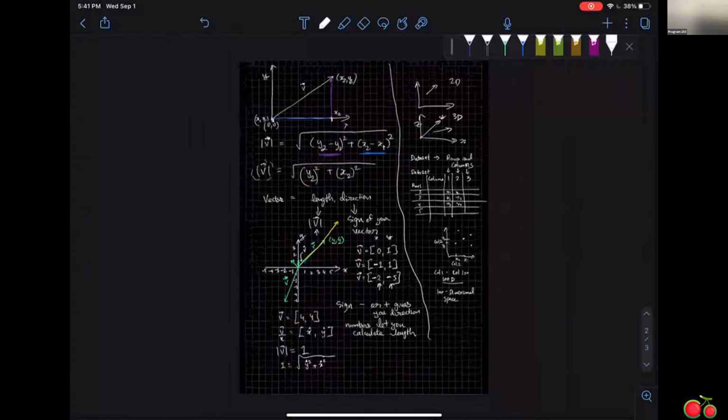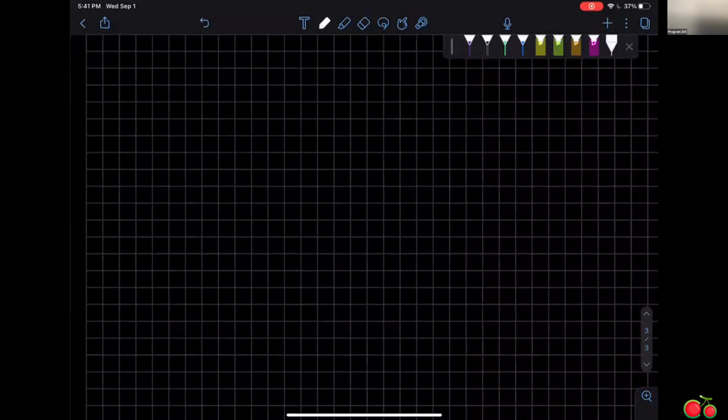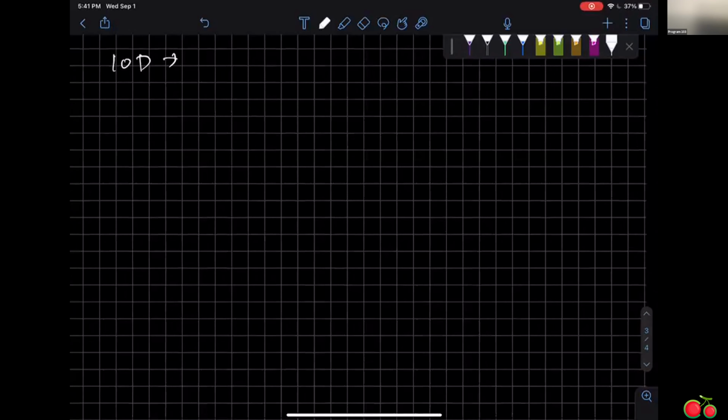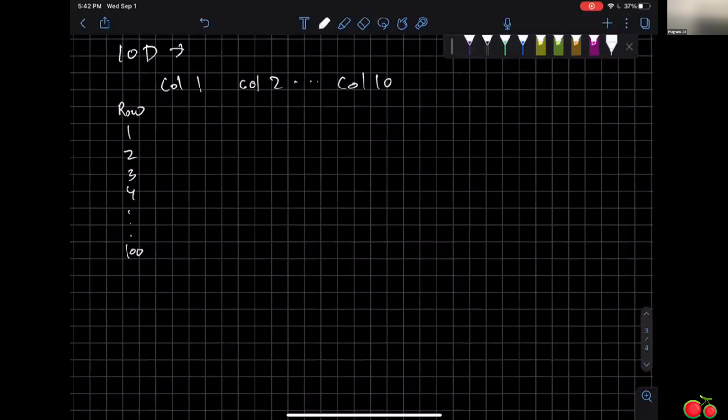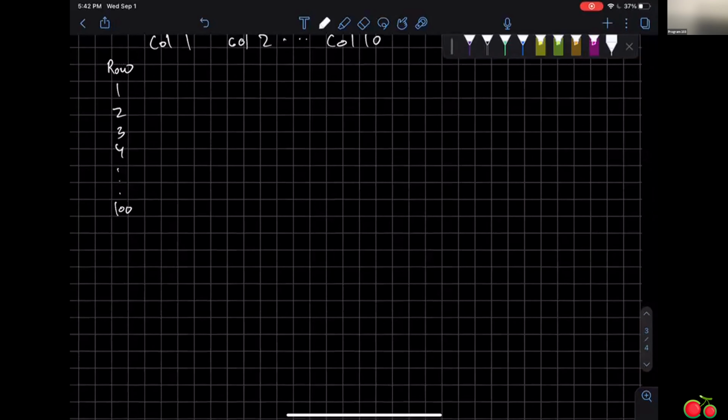Let's simplify this and take a 10-dimensional space. In my data set, I would essentially have column 1, column 2, all the way to column 10, and then row number 1, 2, 3, 4, all the way to say 100 points. So essentially what I have here is a vector.